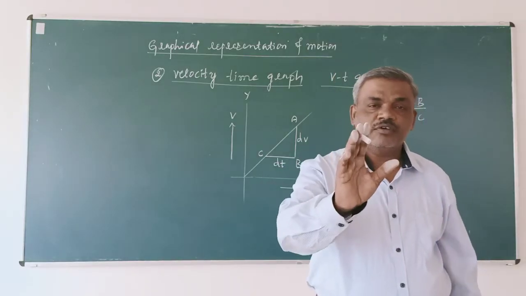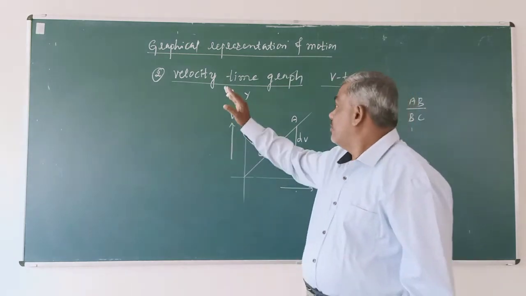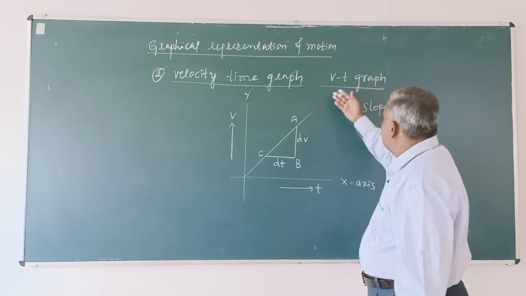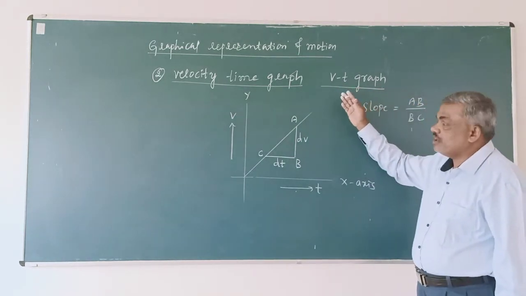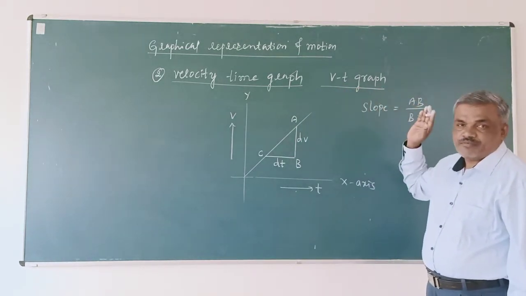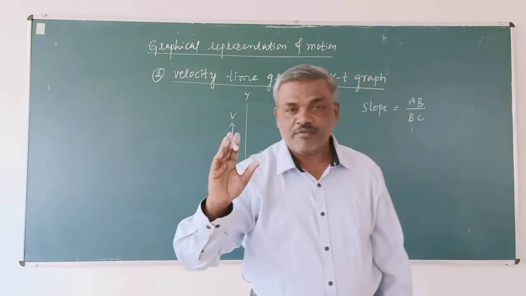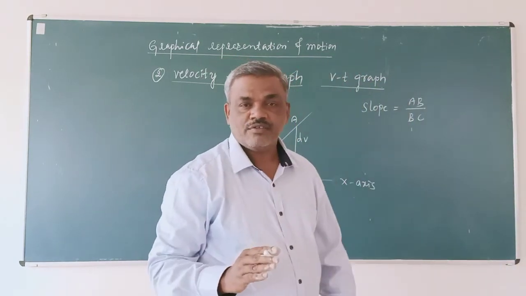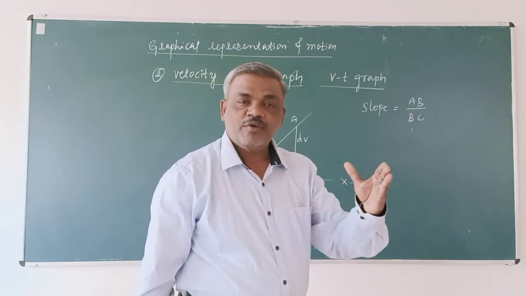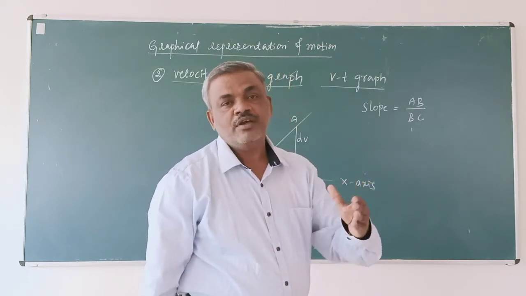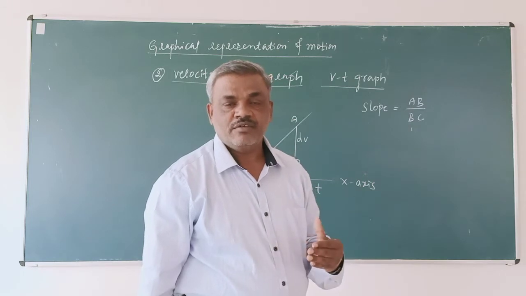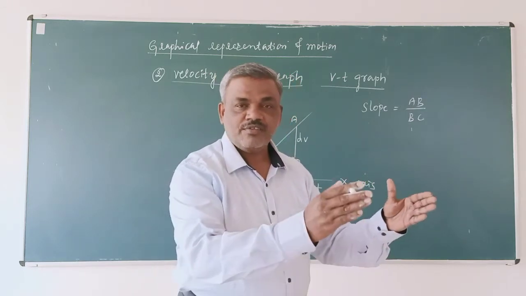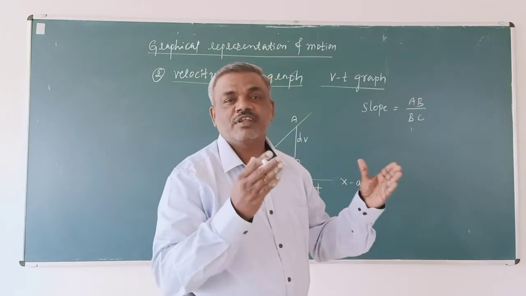Students, now the second type of graph, the velocity time graph, or shortly the VT graph. What is a velocity time graph? A body moving along a straight line. After 2 seconds, the body maintains maybe 20 meters per second. After 4 seconds, 40. So as time increases, the speed of the vehicle also increases.